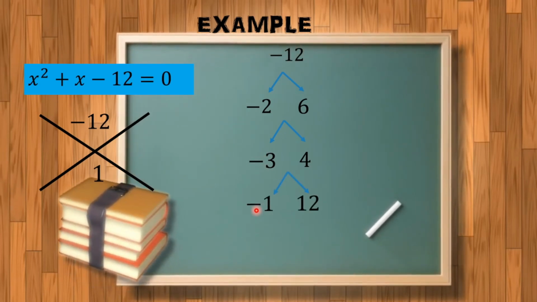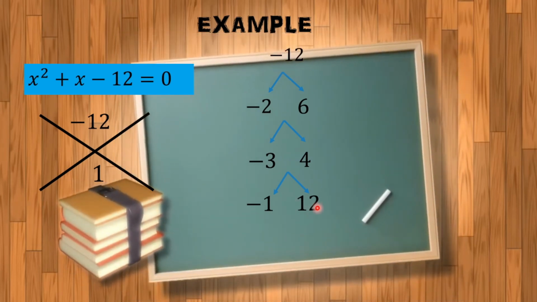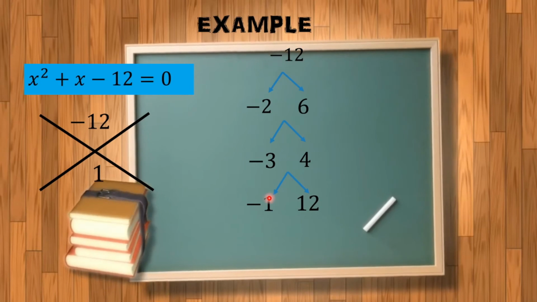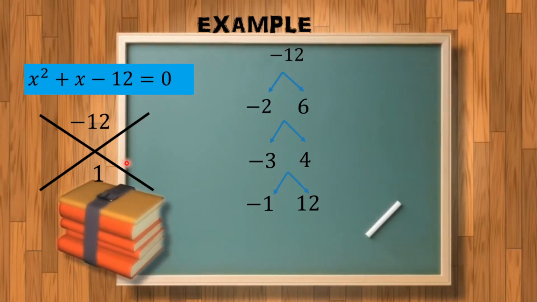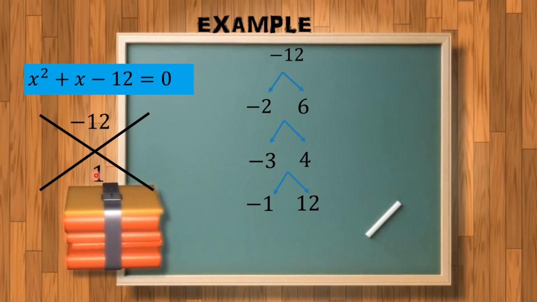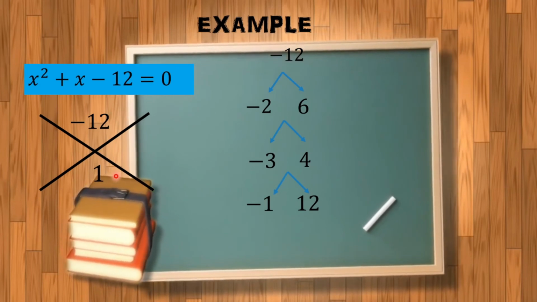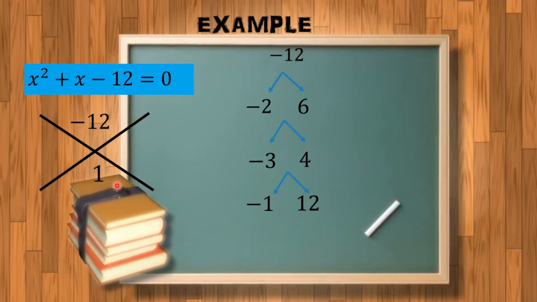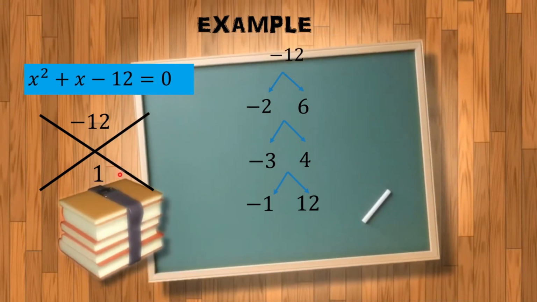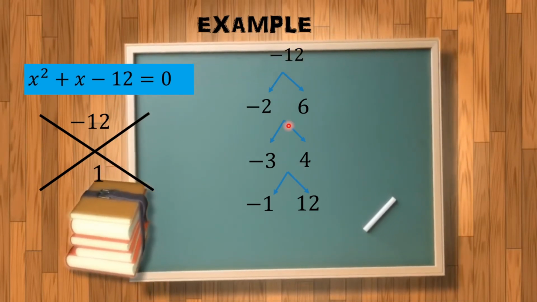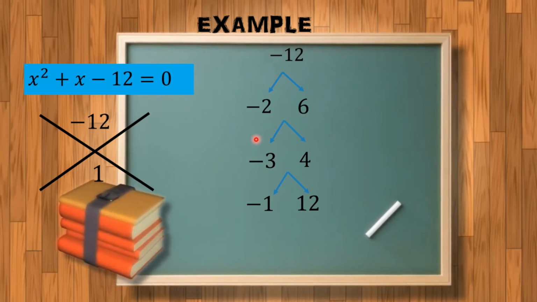Then the last one is negative 1 and 12, and again vice versa, negative 12 and positive 1. But this time, when we add the two factors of 12 it is equal to positive 1, and when we multiply it is negative 12. So it means that the highest number has the positive sign.